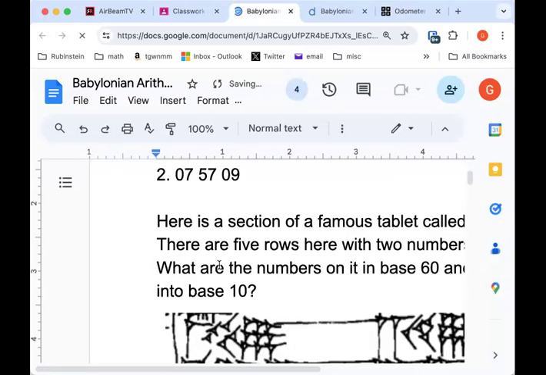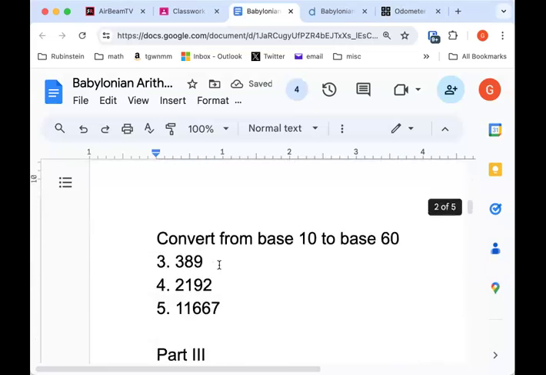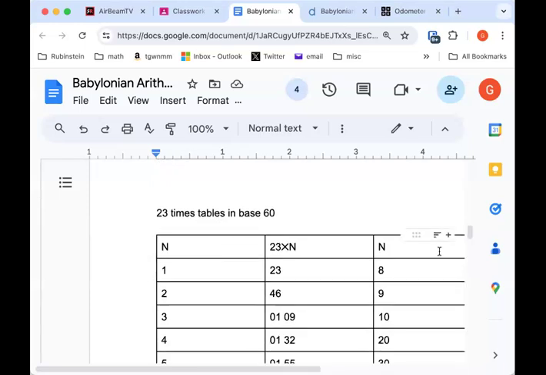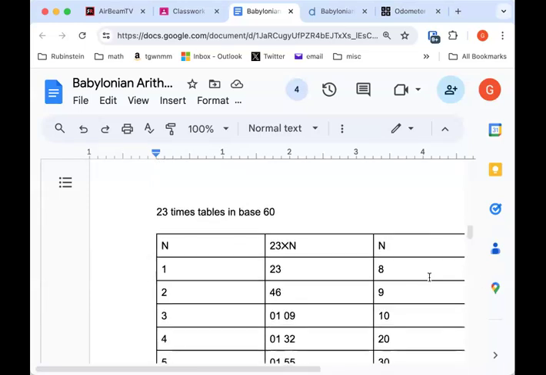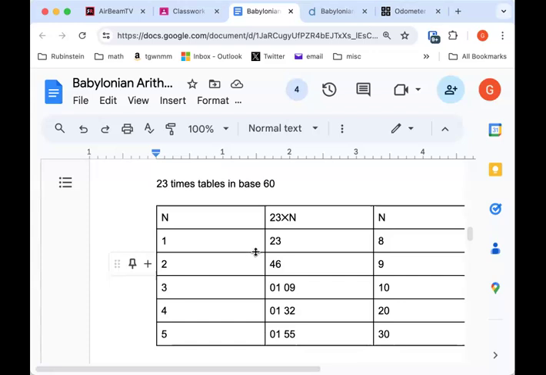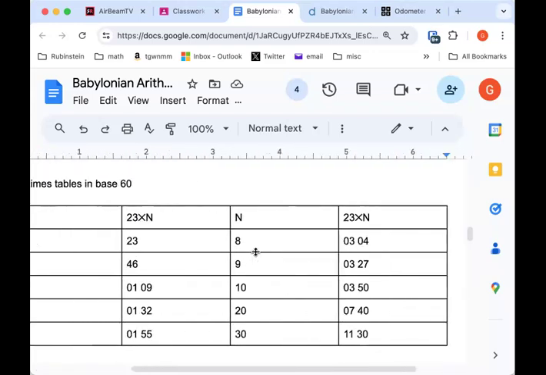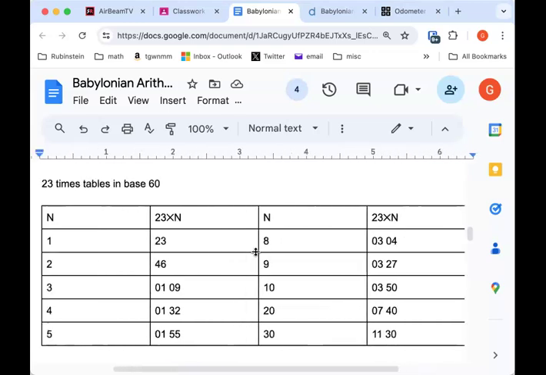And down here, we have a chart. And it says the 23 times table in base 60. So to multiply by 23, you would have this chart here that I have on the screen.